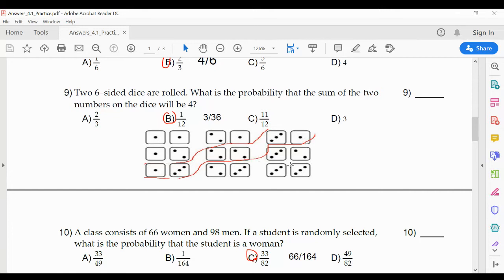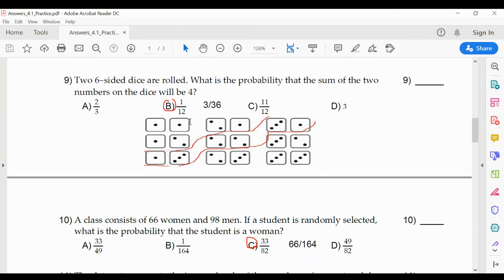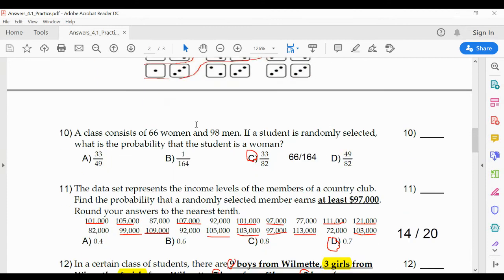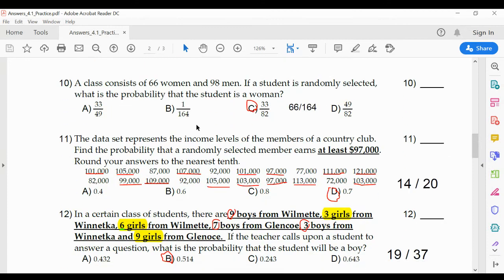So three out of, now if you counted all those combinations on that PDF file, there are 36 different ways of getting totals when you roll two dice. So favorable would be three ways of getting a four out of a total of 36, reduced down to lowest terms, 1/12.